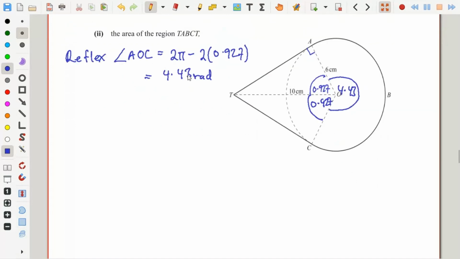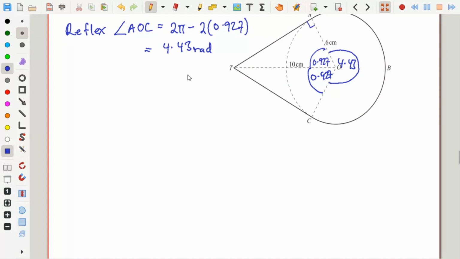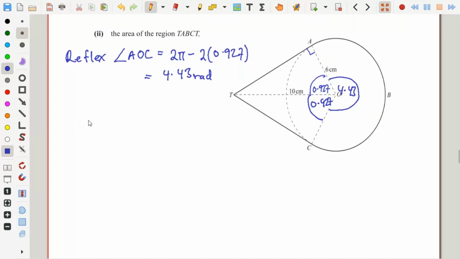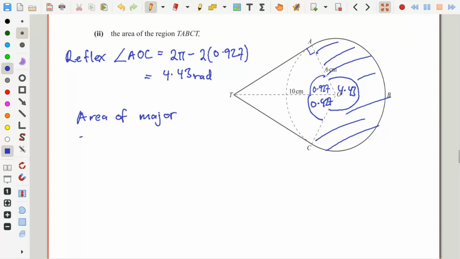So how many marks is this going for? 6 marks. Then the area of this region, let's do it and see. So area of major sector. What's the name of the sector? ABCOA. So the formula is half r squared theta.